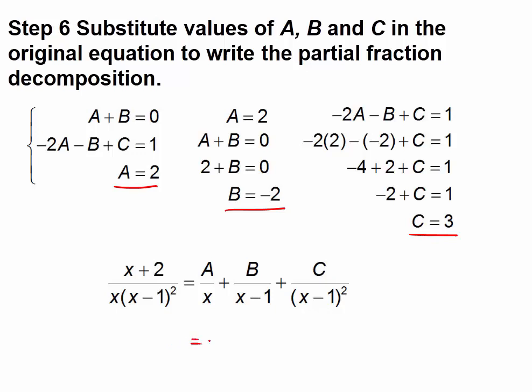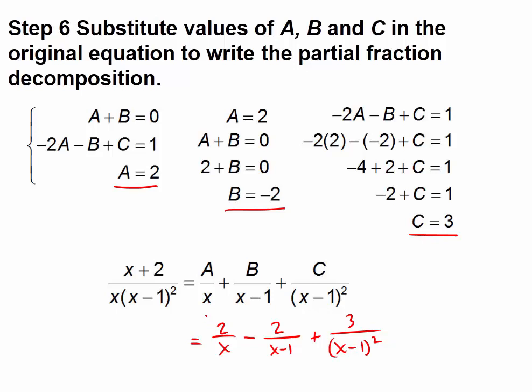So we know this is going to be 2 over x plus negative 2. Now here's the thing. We can write the negative 2 up here, or you can just write this as a subtraction sign. I think it's cleaner to write it as subtraction. So since it was negative 2, I'll write minus 2 over x minus 1. C is positive, so then we'll be plus 3 over x minus 1 squared.